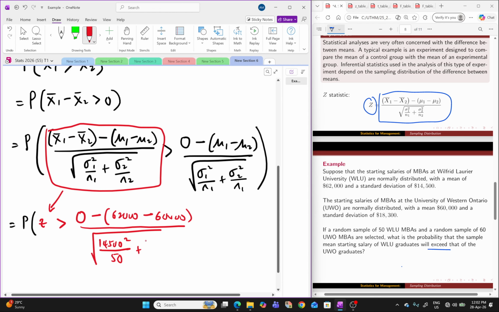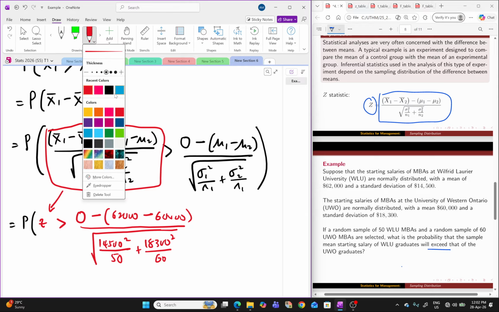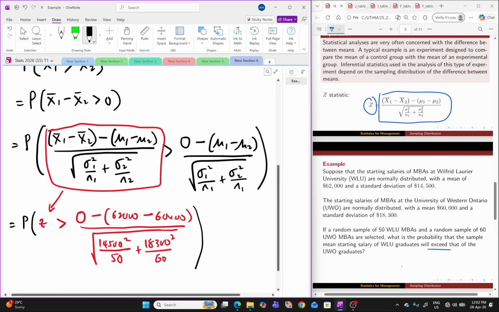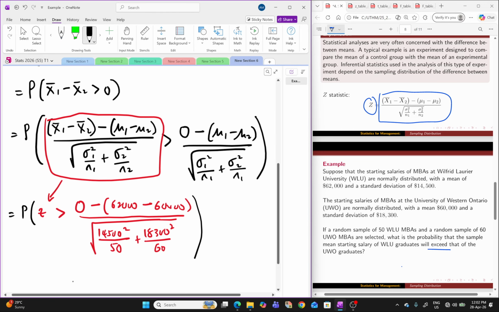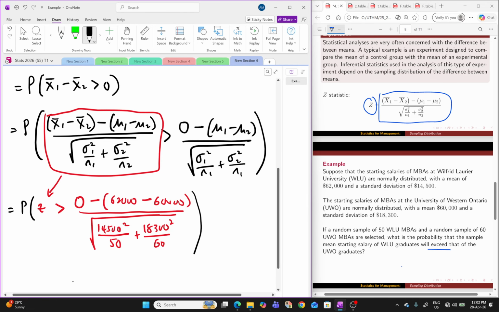And then 18,000, square it, 60. Okay, and then you put a bracket here. Never mind, you letak bracket kecil dekat sini, bracket besar dekat sini, no problem for me. Doesn't matter. Hope you guys understand. So now, okay, salin dulu.